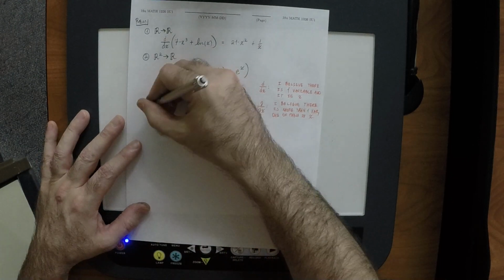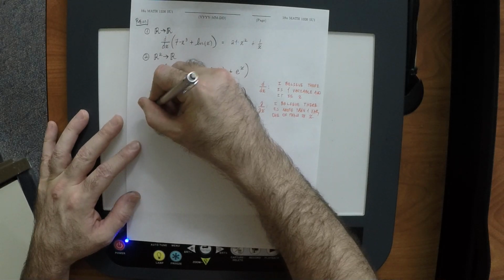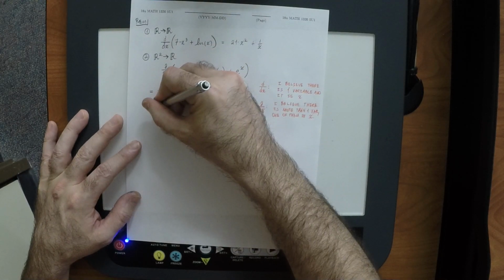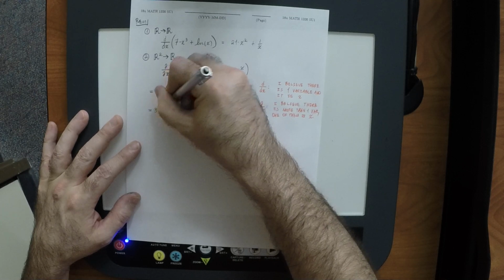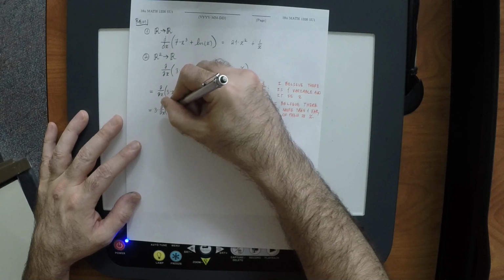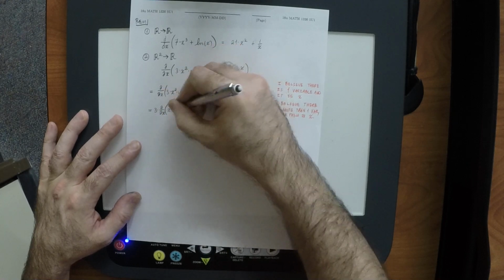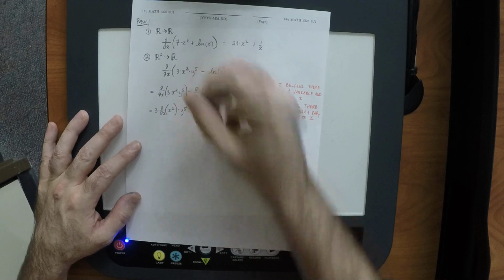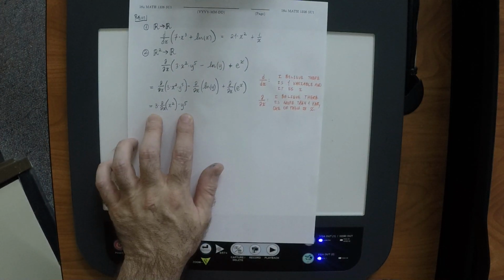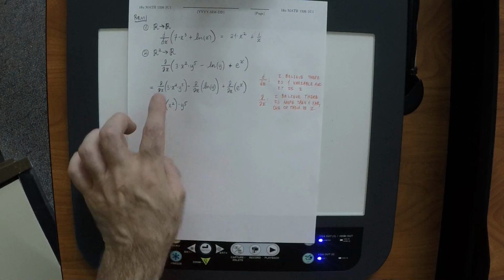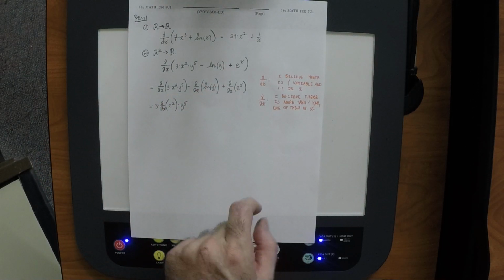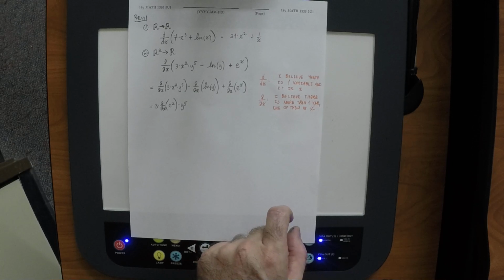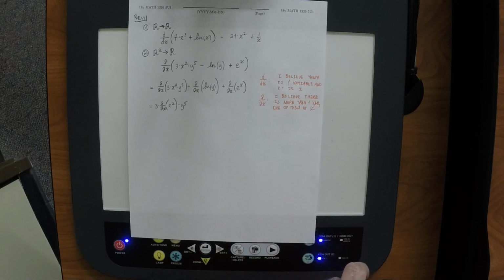Normally you don't write this, but I'm going to write it so it's clear what's happening. This 3 can come out. That y to the fifth can come out. So that's what the derivative sees, in a sense. The 3 came out because it's a constant. The y to the fifth came out because it's a constant. It's exactly the same, as long as it's constant, right?